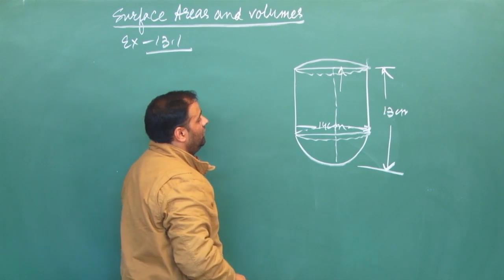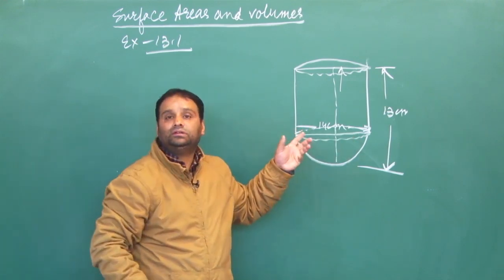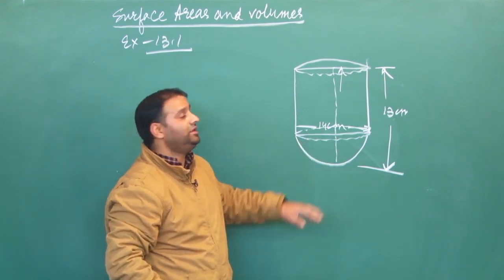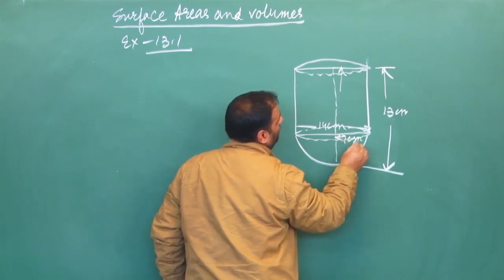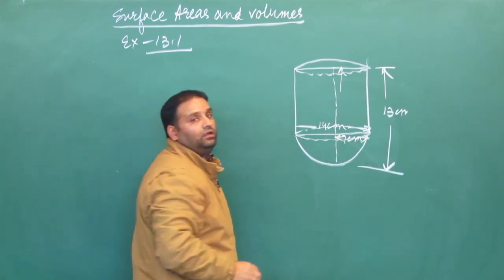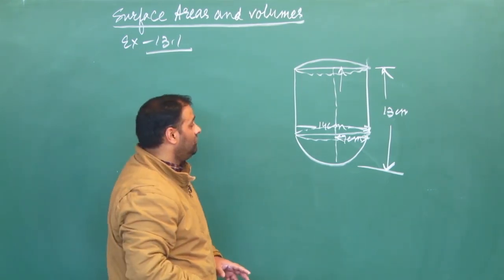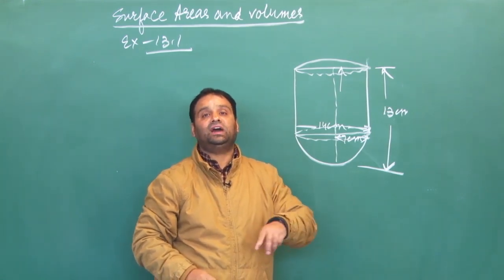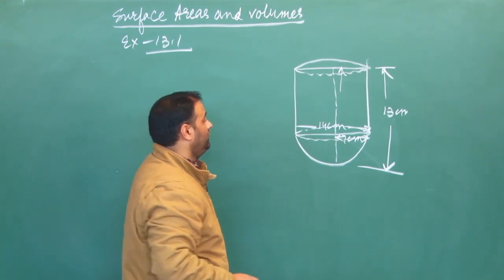Now, if the diameter of the cylindrical part or hemispherical part is 14 centimeter, then its radius is 7 centimeter. And for the hemisphere, the height or the radius remains the same, because you know the center of the sphere or hemisphere lies inside the center of that three-dimensional figure.